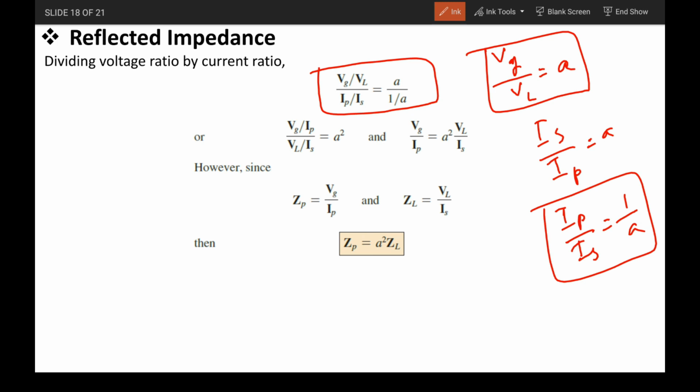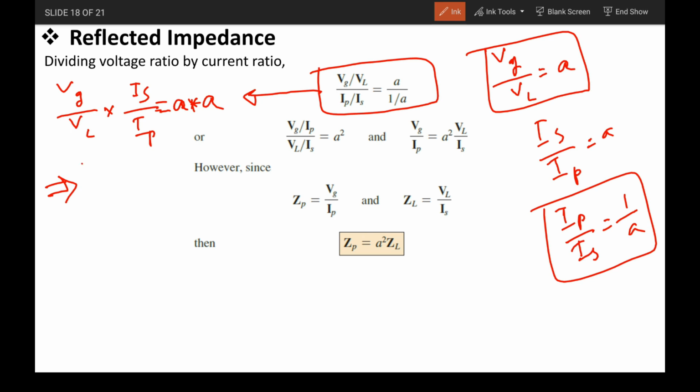Now we can go further. So here it was VG over VL multiplied by, from mathematical rule, IS over IP, and then in our right hand side it is A multiplied by A. So in our left hand side we can also change as well.